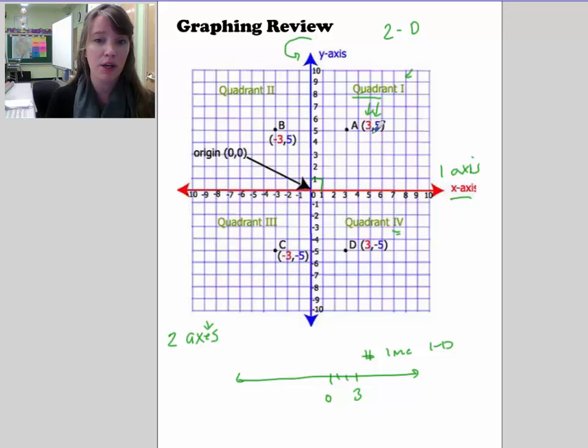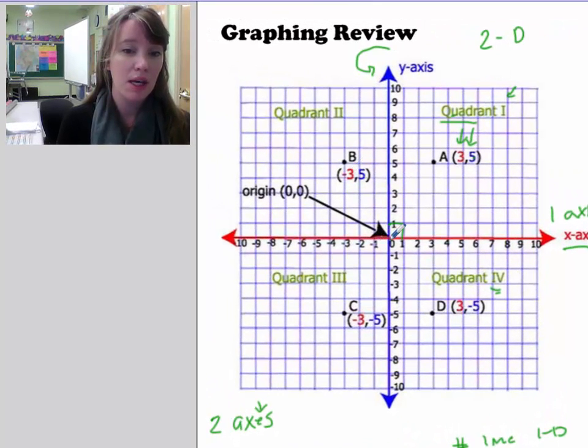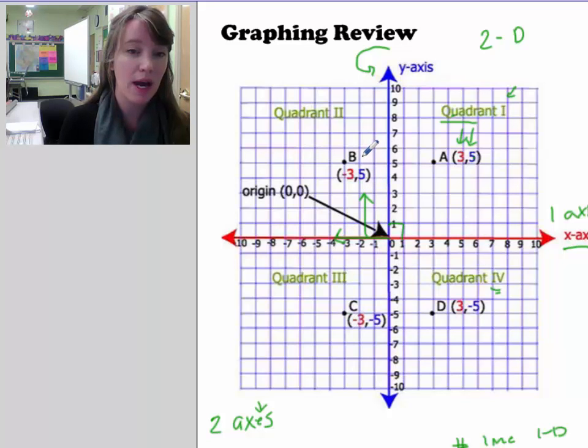Every coordinate here has a sign. In quadrant 1, both signs are positive. In quadrant 2, it's to the left and above, so left means negative on the x-axis, and above is positive on the y-axis. So it's negative, positive in terms of signs.